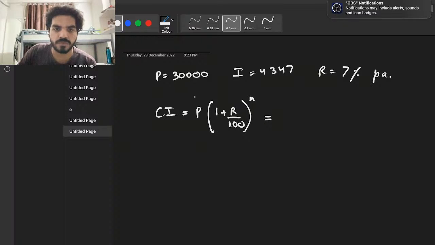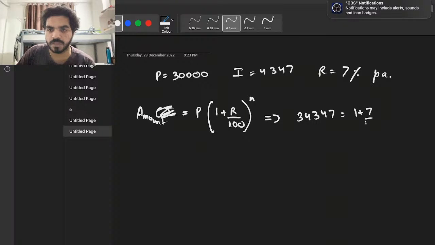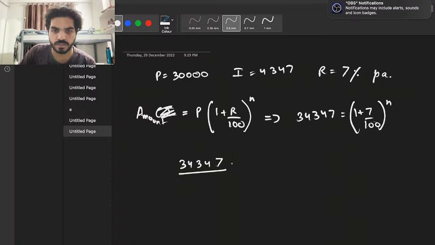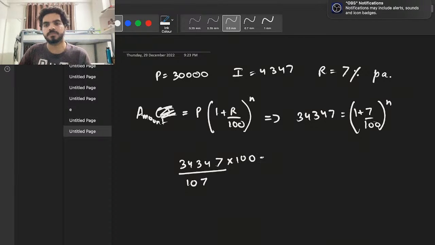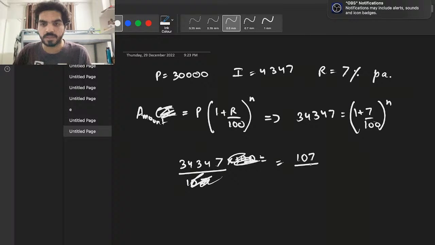This is not the CI, this is the amount. For the amount, we can add them both. 34347 is equal to 30,000 into 1 plus 7 by 100 to the power n.